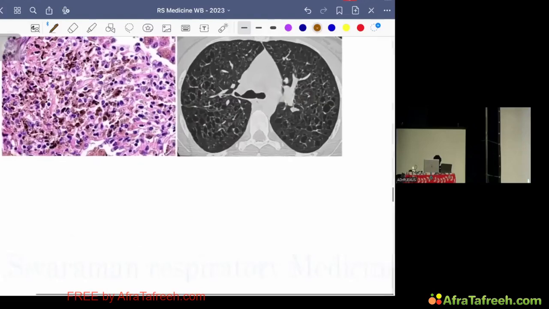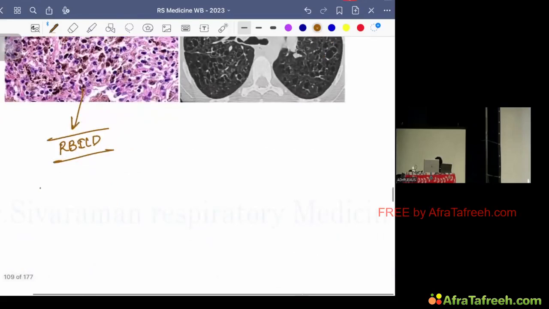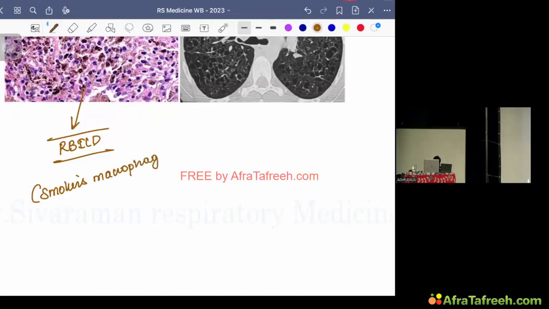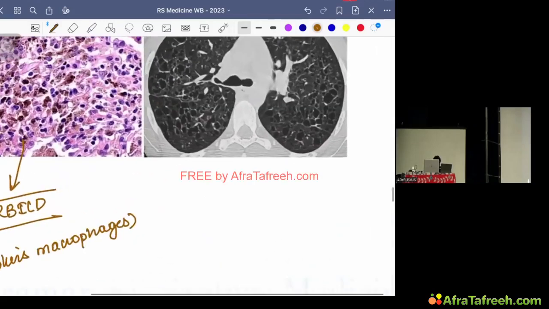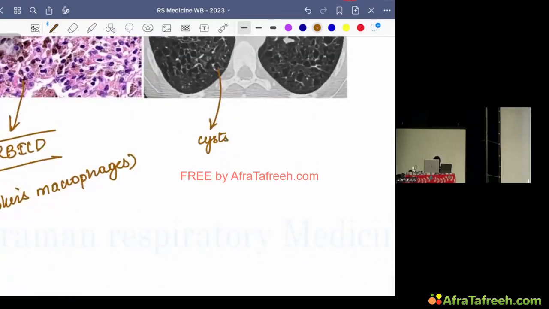So this is more of RBALD, where you get to see smokers macrophages, whereas here you get a lot of cysts. The cysts will break to form pneumothorax.